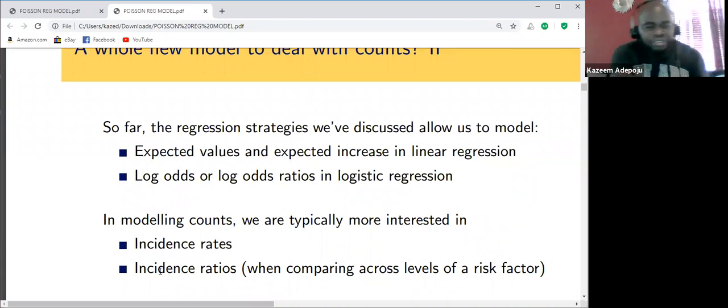Not only that, we are also interested in the incidence ratio when comparing across levels of a risk. So this is what we're going to be doing here. If your research is about modeling counts, then what we want to do today is very, very essential.